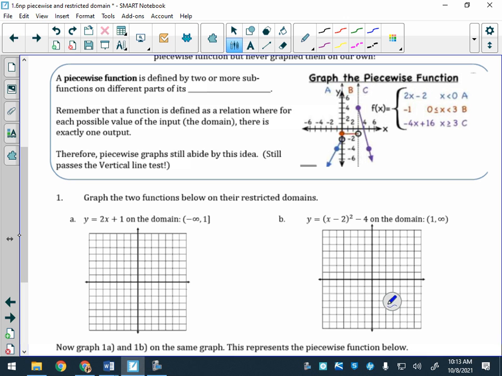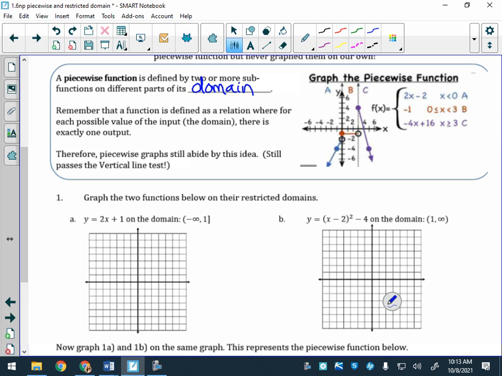I want you to see where this restricted domain is coming from. What we're doing is we're creating a piecewise function. A piecewise function is defined by 2 or more subfunctions. So you have 2 or more equations on different parts of its domain.